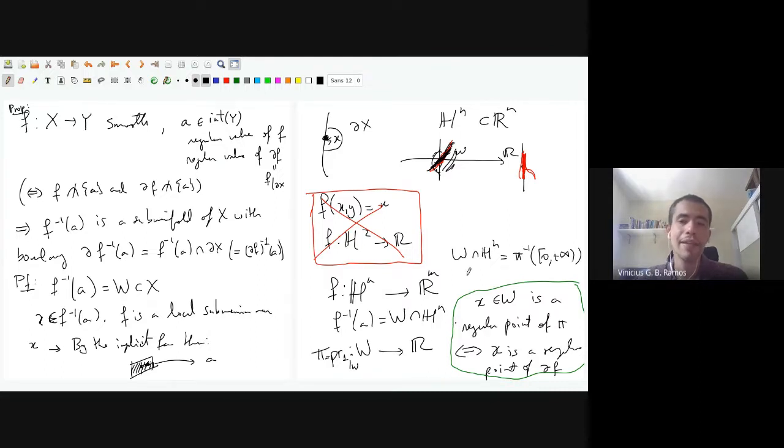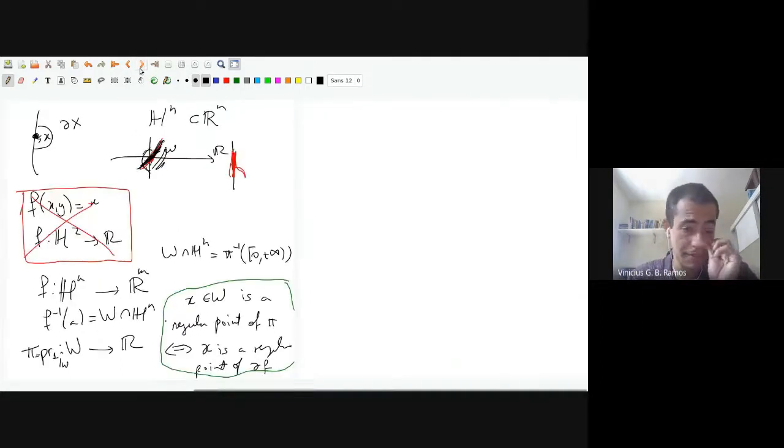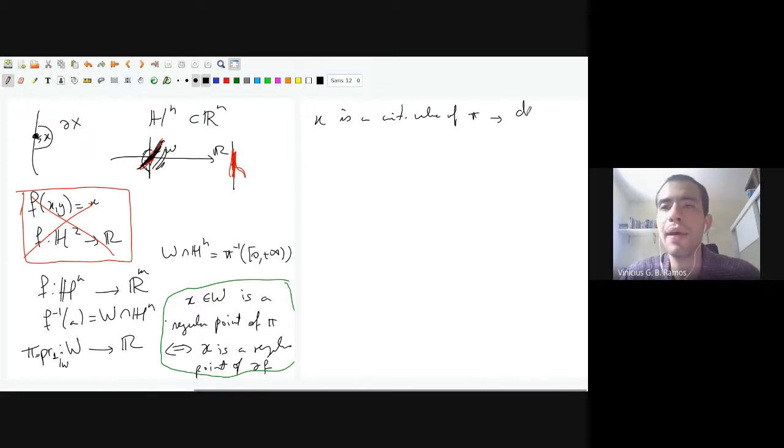And then that will mean that the tangent space to W is contained in this hyperplane here. So if X is a critical point of pi, that means d pi at X is 0, but pi is linear, so this is the same thing as pi of X being 0.